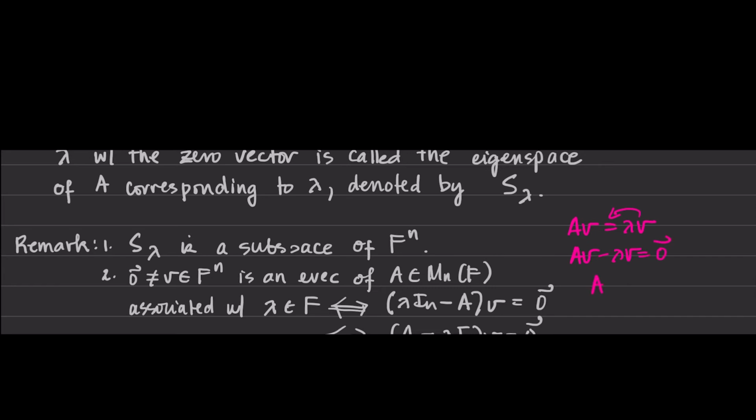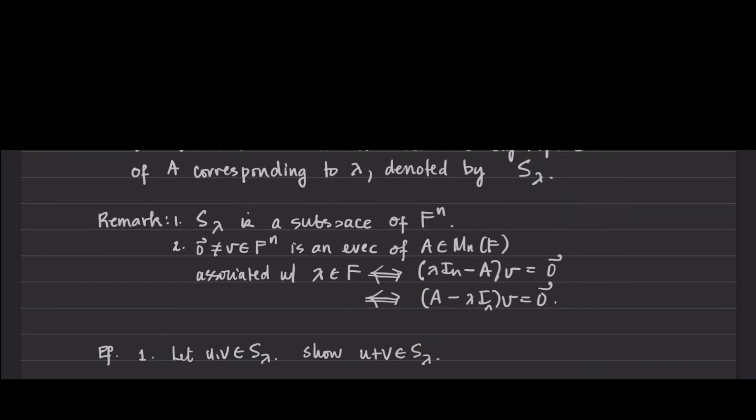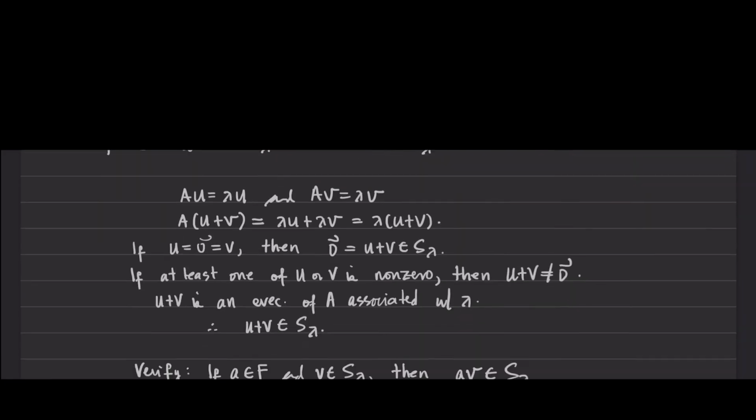Tapos, pwede mong i-factor out yung V, magkakaroon ka nga lang ng identity. Okay, so ito ang ibig sabihin ng V is an eigenvector associated with lambda. Pwede ka mag-multiply both sides by negative 1, magsi-switch lang ito, kaya makukuha mo ito. At madalas natin gagamitin ito para makuha yung mga eigenvectors ni A associated doon sa eigenvalues.